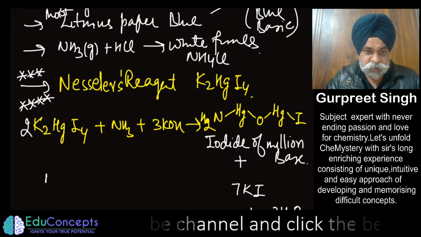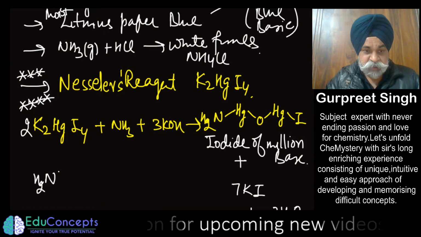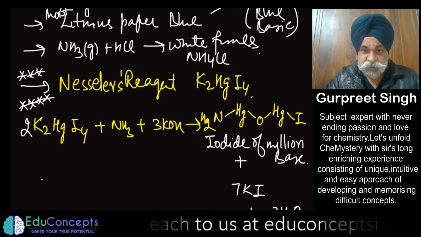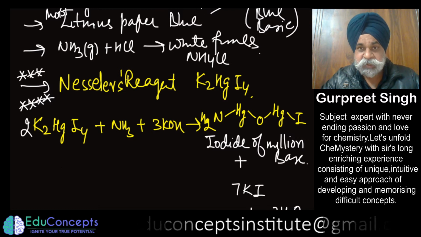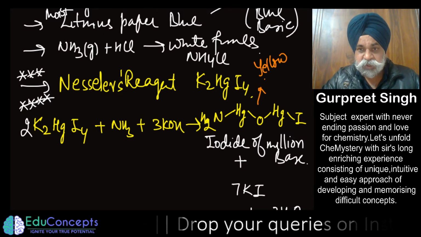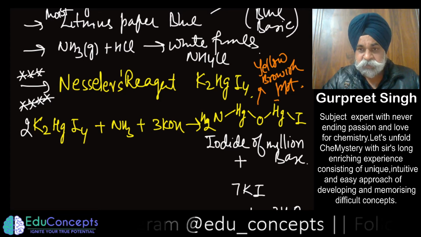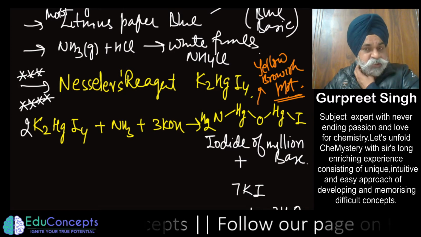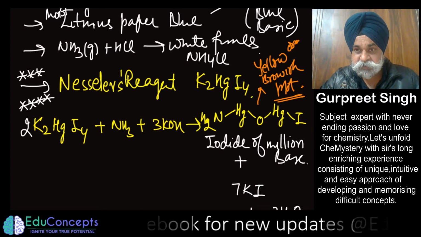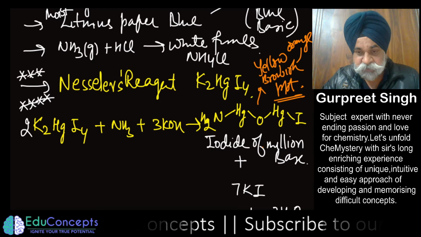Many books show it like this also, which is a very popular structure. Let me show it once again. Many books say it has a yellow-brownish color or precipitate, and some books say orangish also: yellow-brownish or orange-brownish precipitates you would get.